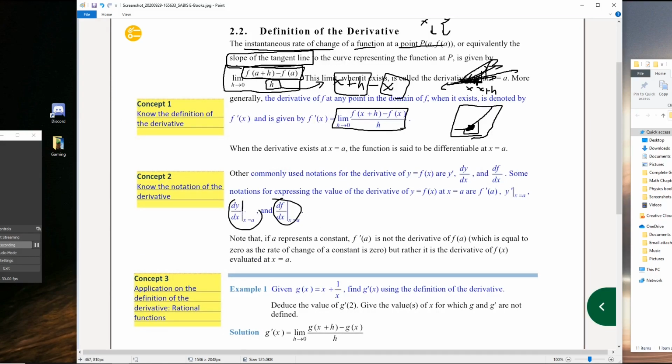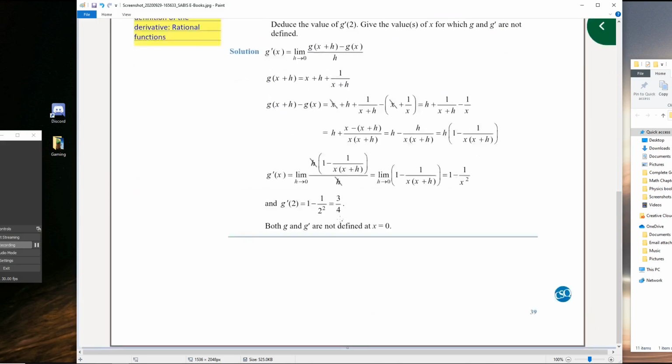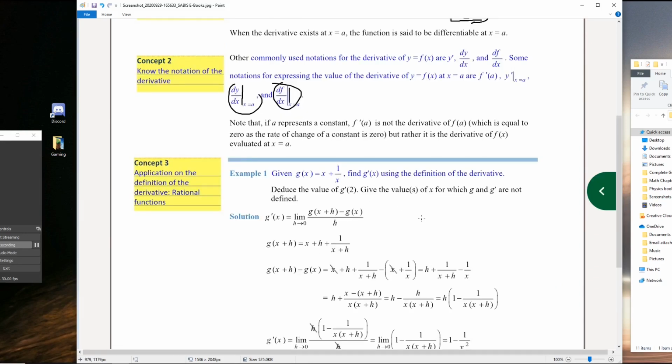This is at a point, so you can do this, and this is an exercise. Let's do this quickly. So this is the formula, right? We need to substitute this into the original x. It's the same thing, so you just rewrite it and you put h here. So you get x plus h plus 1 over x plus h, minus x. Let me just rewrite that quickly.